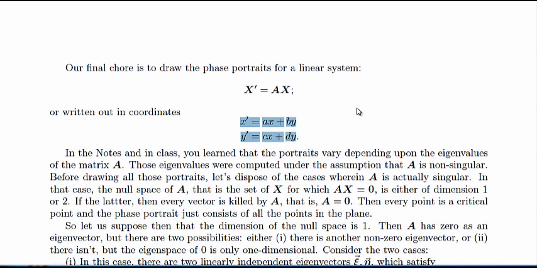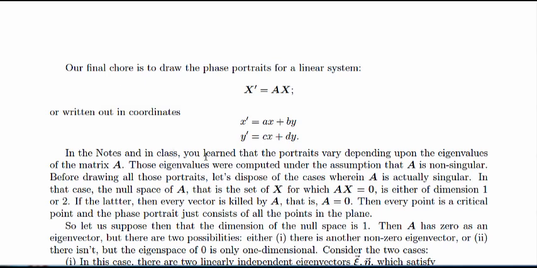The phase portrait is a bunch of solution curves that fill up the region of definition with no intersection. And that follows rather easily from the existence and uniqueness theorem, and hopefully your instructor has shown you that little argument in class. So let's go on.